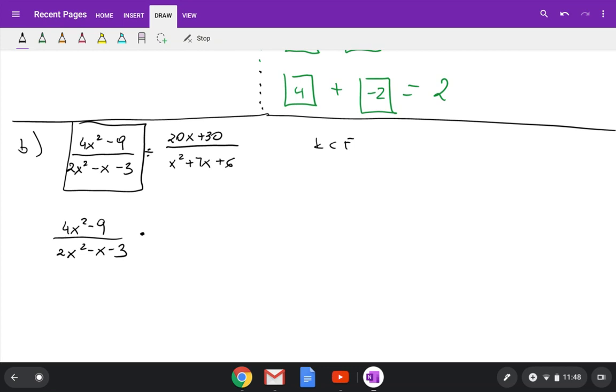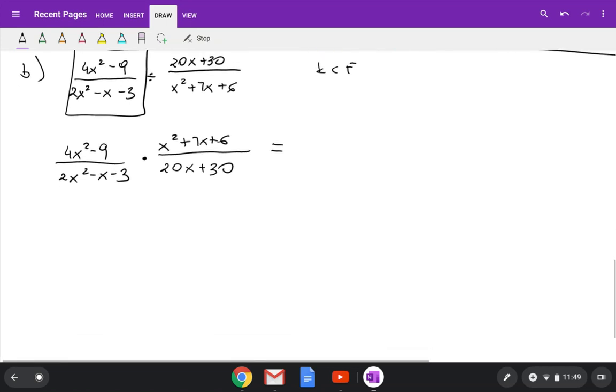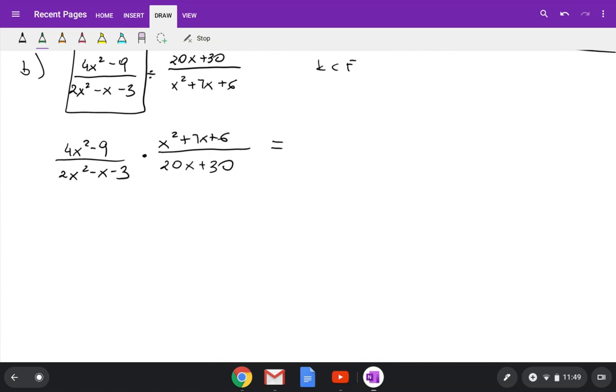So x squared plus 7x plus 6 goes on the top. 20x plus 30 will be on the bottom. Okay, and now just follow rules of multiplication. So let's start factoring. Factor 4x squared minus 9.